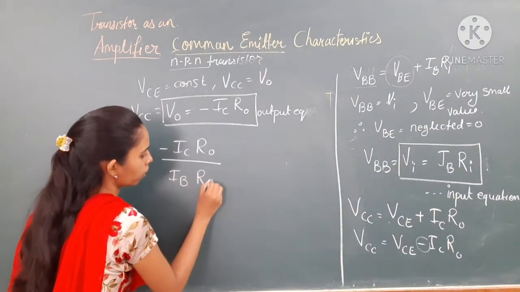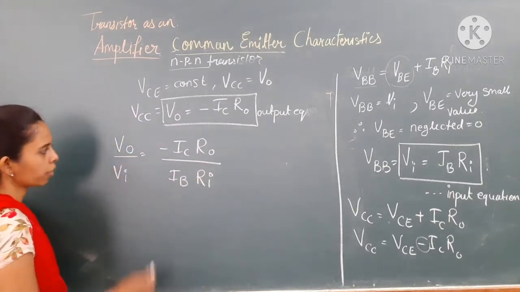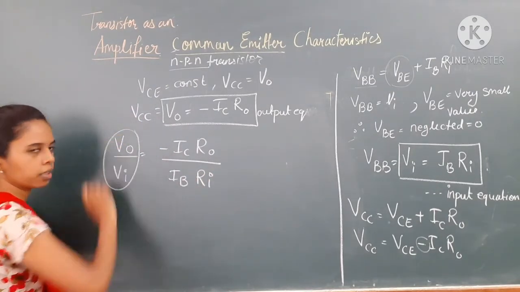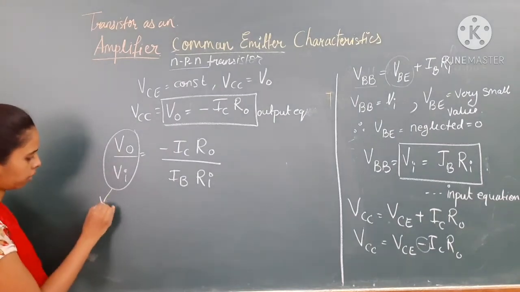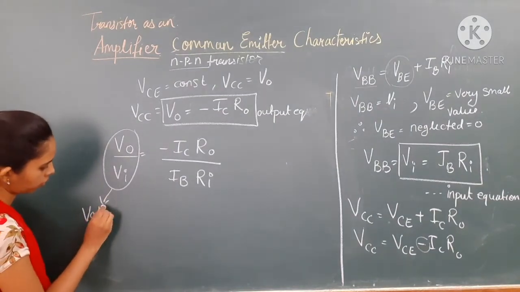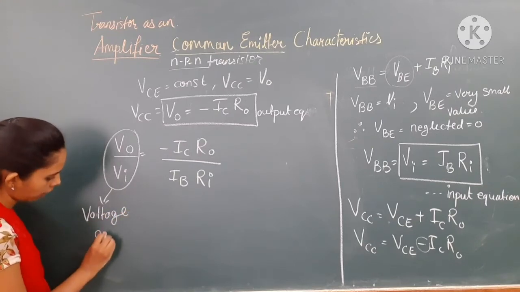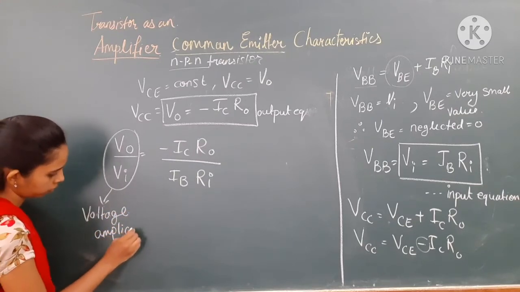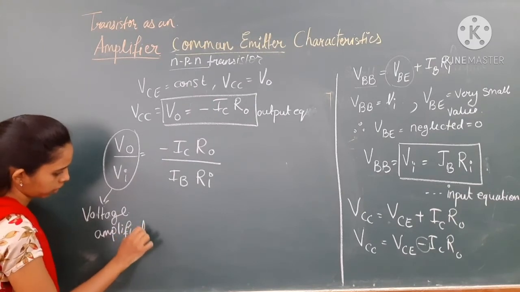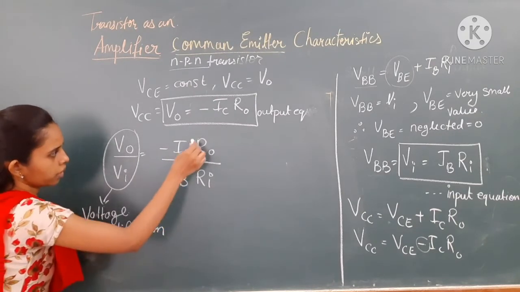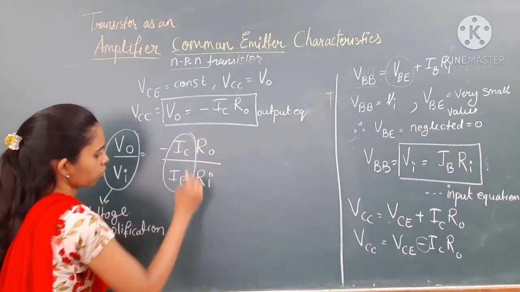IB into RI. Now, if you see, this part is called as what? Voltage gain or voltage amplification. This current part is called as what?